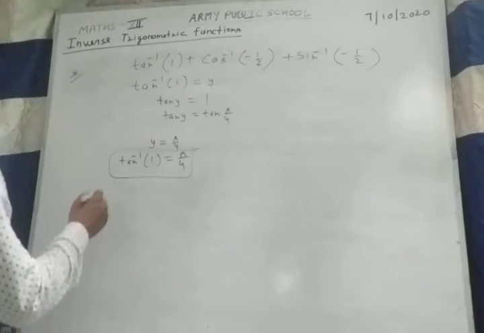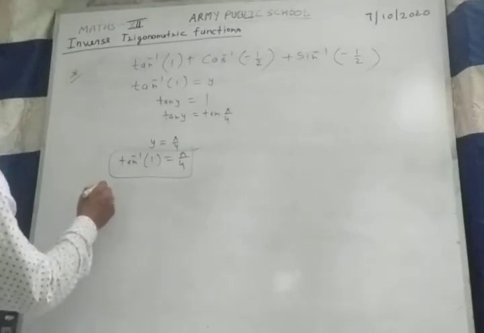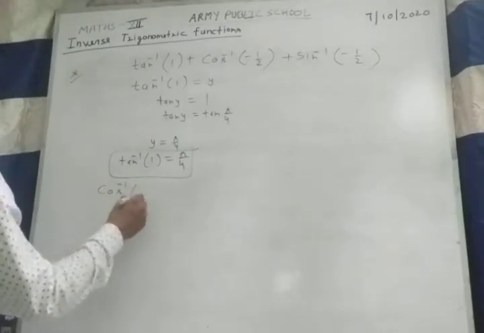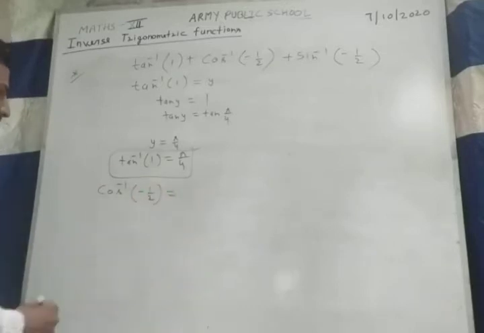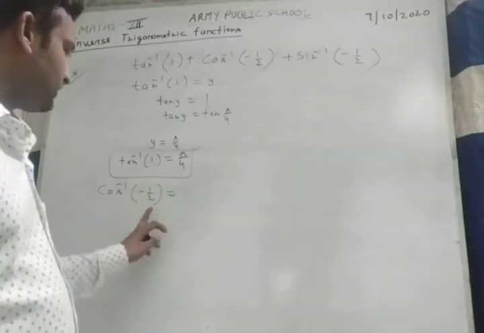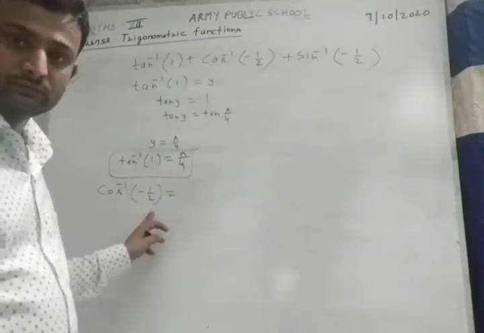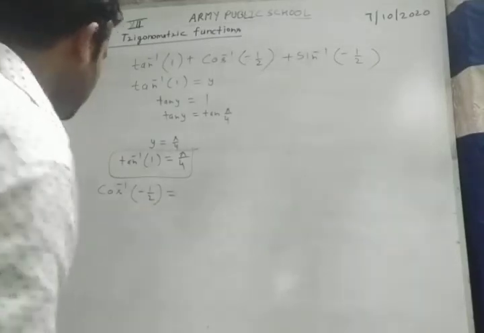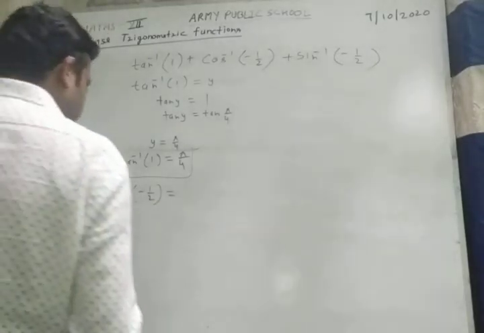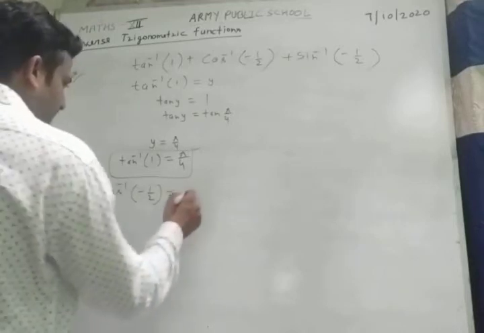That is, tan inverse 1 is equal to pi by 4. Next, cos inverse minus 1 by 2. Cos inverse minus x. We can write this also as y.